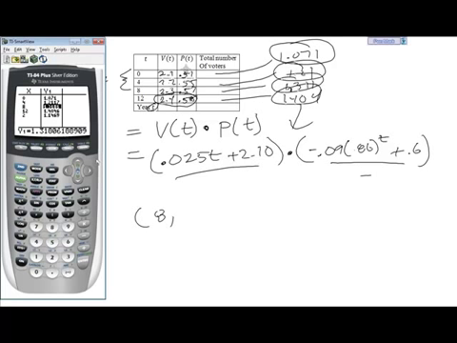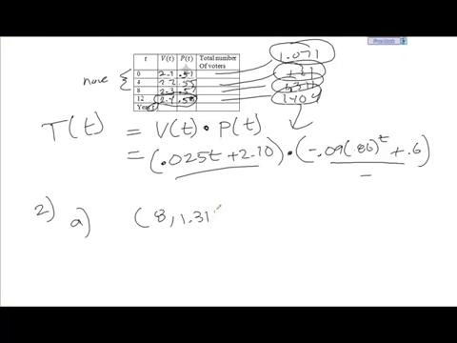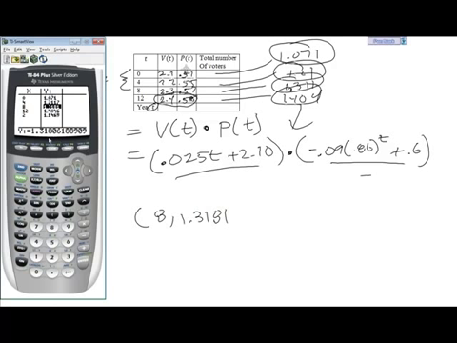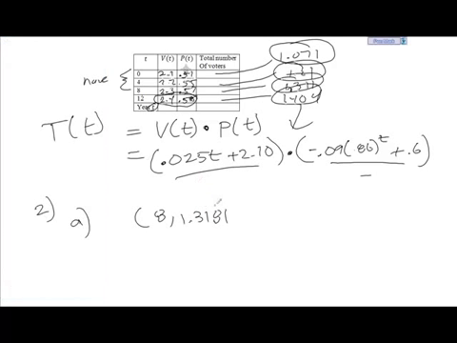Now when I do this, if I'm only going to do one set of ordered pairs, I want to make sure that I'm getting something like 7.9999999 or 8.0000001, and I also want to make sure that I'm rounding the outputs really far out. So in fact, this is not 1.311, it's 1.3181062. Let's just go out that far. That's really important when you do it the old-fashioned way, that you round really, really far.